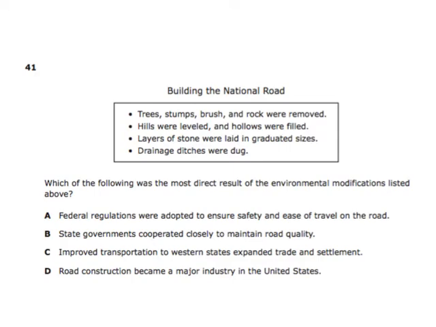Building the national road. Trees, stumps, brush, and rock were removed. Hills were leveled and hollows were filled. Layers of stone were laid in graduated sizes. It means growing sizes. Drainage ditches were dug. Which of the following was the most direct result of the environmental modifications listed above?